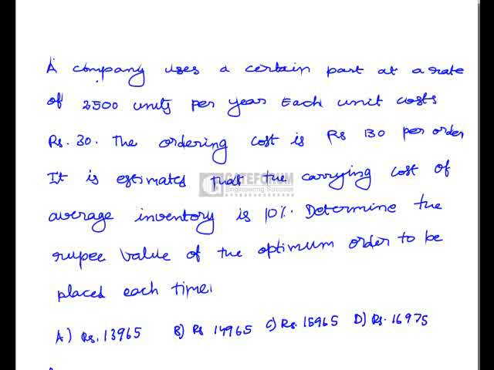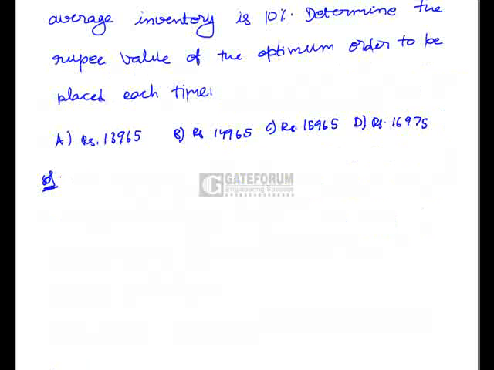So first, in the given data, a company uses a certain part at a rate of 2500 units per year. Let us say R is equal to 2500 units per year, and each unit costs 30 rupees.